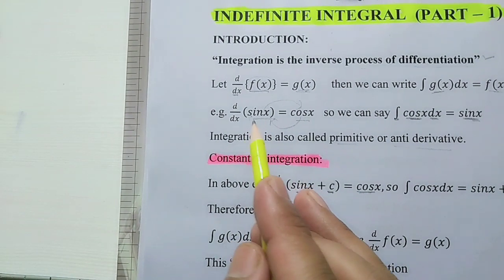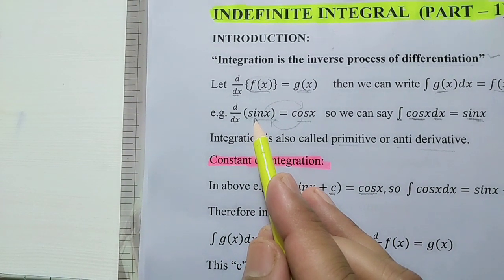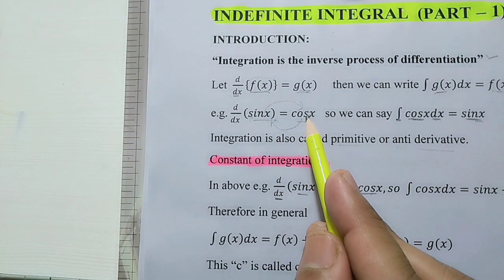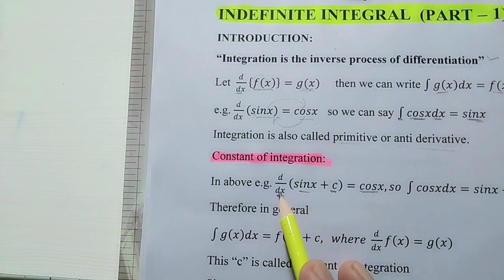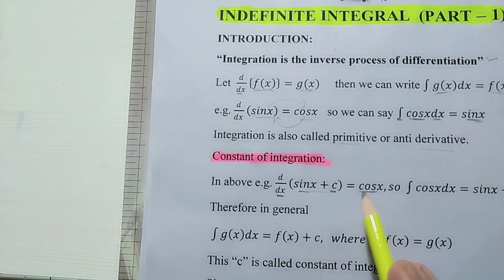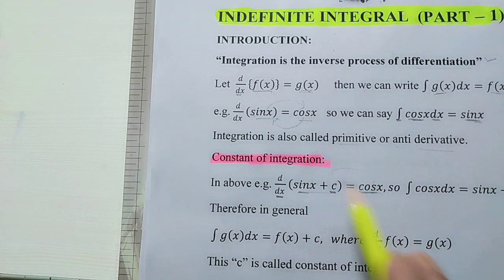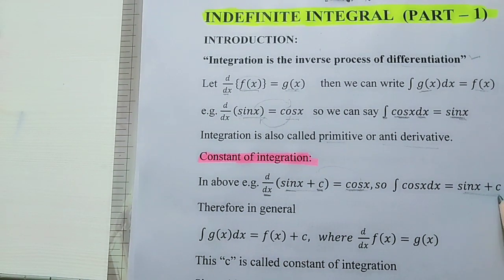Now compare with it. Earlier we said that the differentiation of sin x is cos x, so integration of cos x is sin x. Now the differentiation of this function is also cos x, so integration of cos x will be sin x plus c.